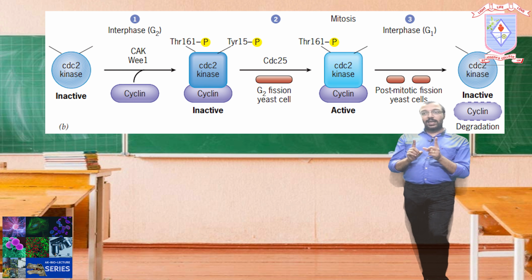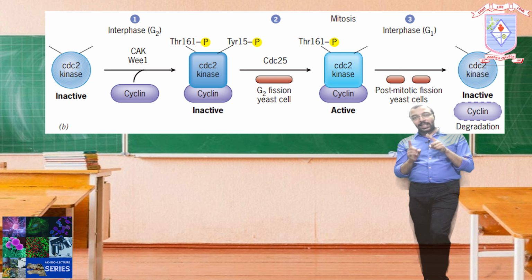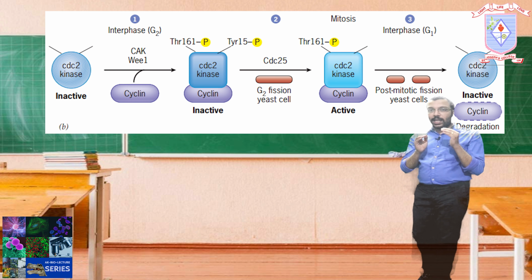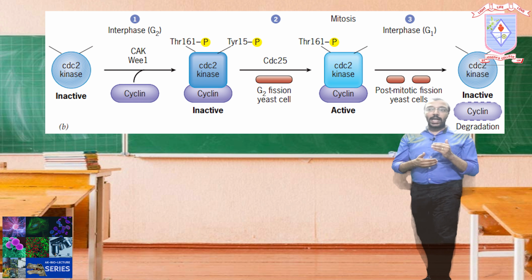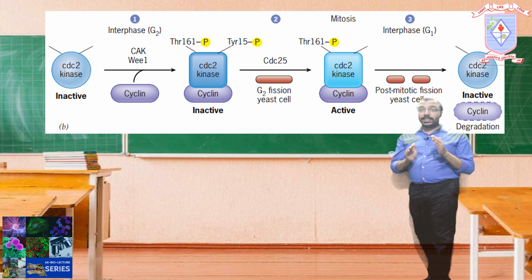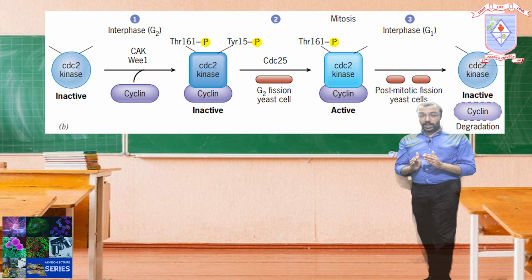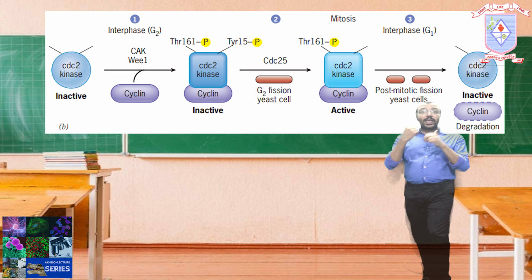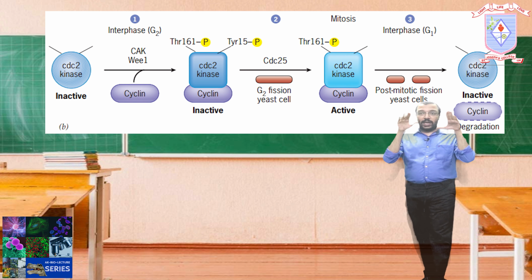In step 2, during G2 phase itself, a third kinase called CAK, Cdk activating kinase, phosphorylates a critical threonine residue at the 161st amino acid of the CDK1 protein. Threonine 161 is the activator site of CDK1.